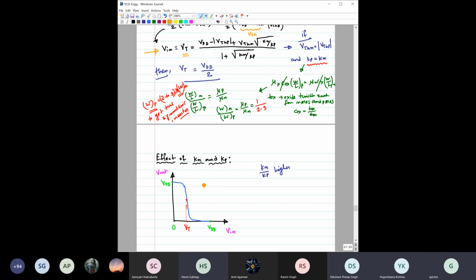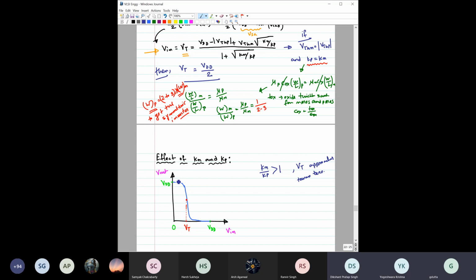Right. So suppose Kn by Kp is greater than 1, then this Vt approaches towards 0.